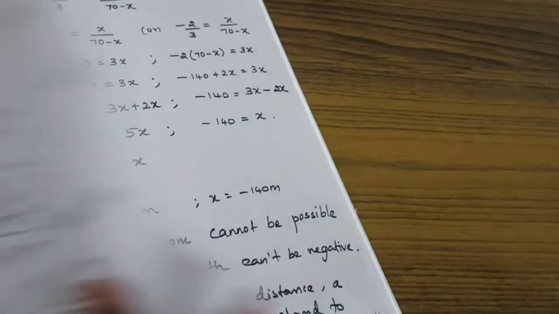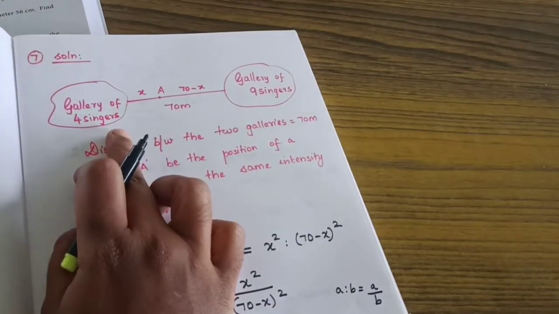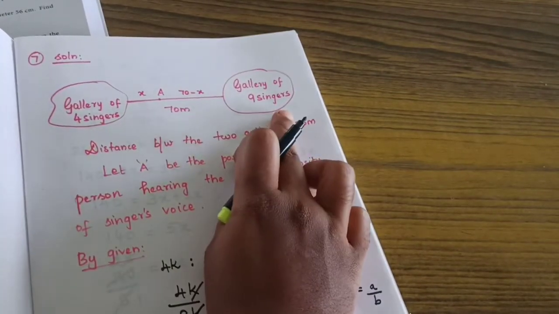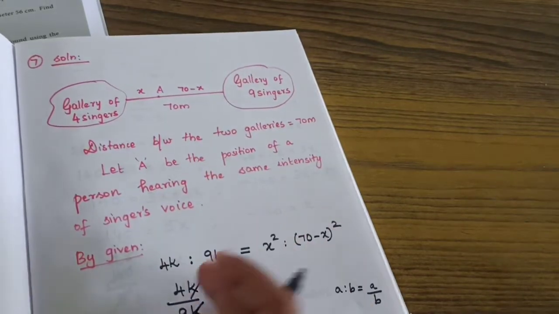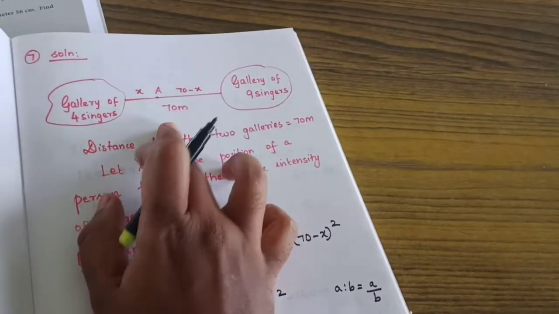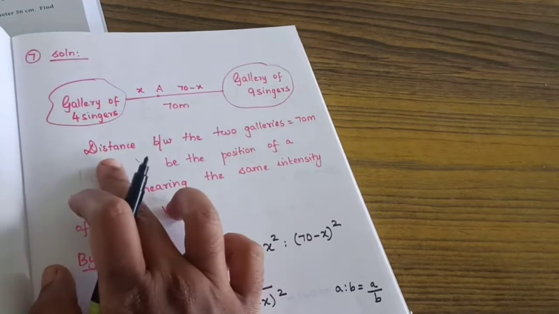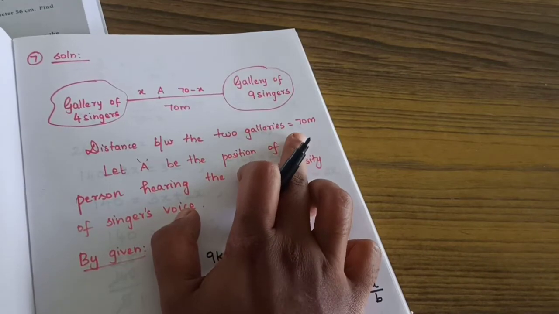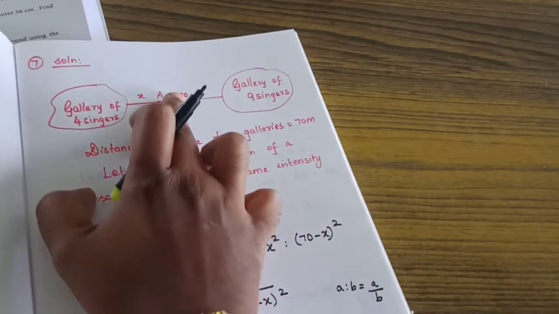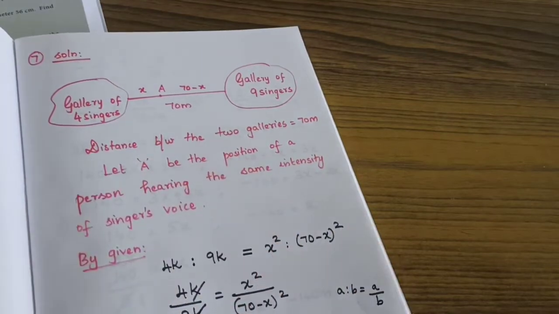Got the answer? Listen, there are two galleries: a gallery of 4 singers and a gallery of 9 singers. The distance between them is 70 meter, and from here x and here 70 minus x. A person should stand to hear the same intensity from both the galleries.